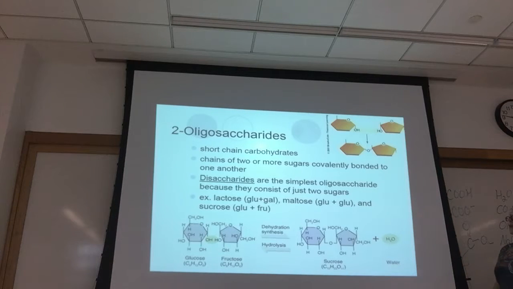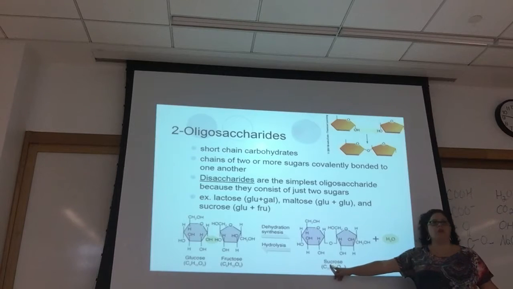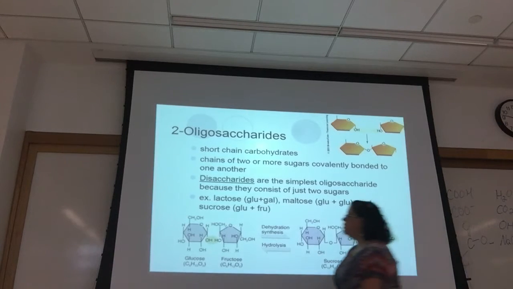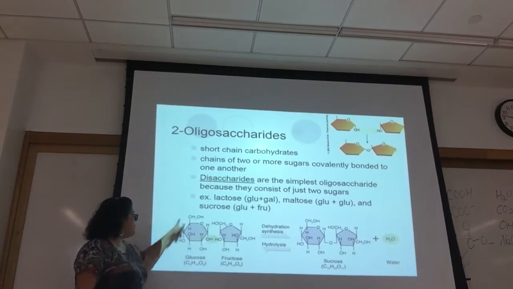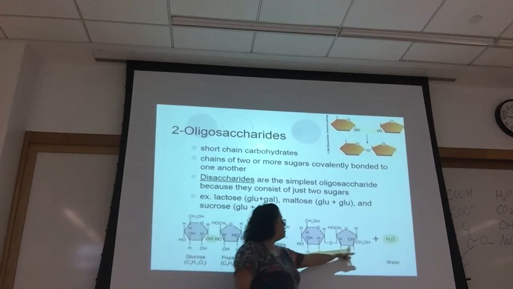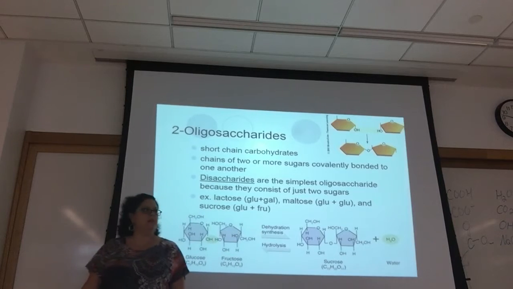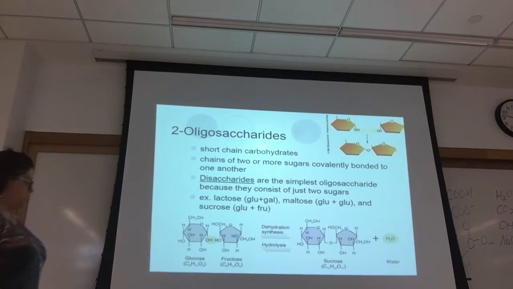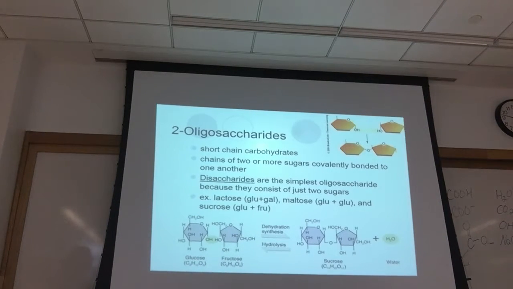How is glucose different from sucrose? So here's glucose over here. It was a monosaccharide. How is it different from sucrose? Good. Sucrose is a disaccharide, or sucrose is two monosaccharides that have bonded to each other.